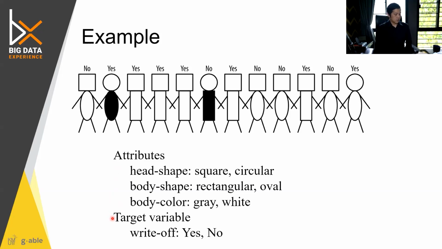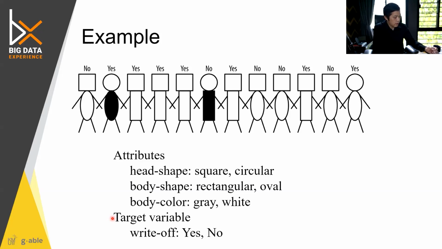For this class, I will not compute, or maybe I have to do that. Let's do that. Let's start with head shape. If we use head shape to make segmentation, it would be divided into a square group and a circular group. So what we need is the proportion between yes and no.